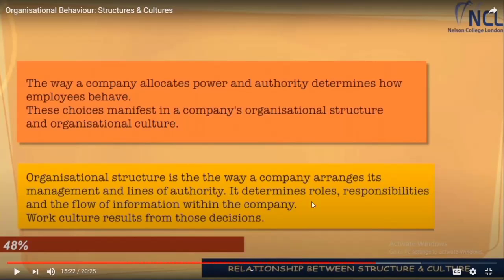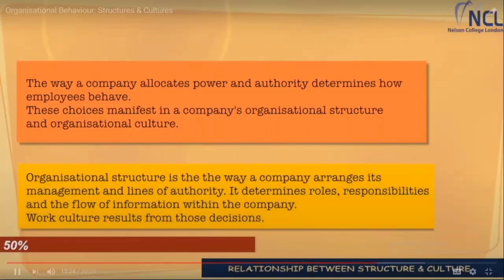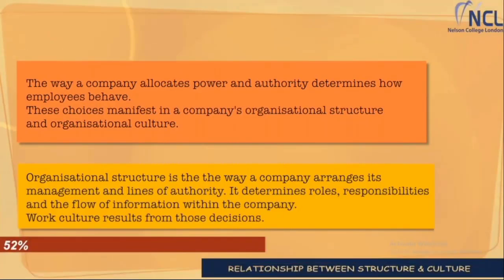It determines roles, responsibilities, and the flow of information within the company. What culture results from those decisions? I want us to read this carefully, so I had to pause it. Work culture results from these decisions.